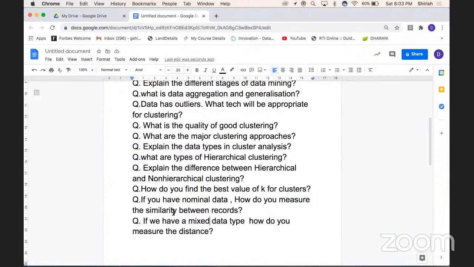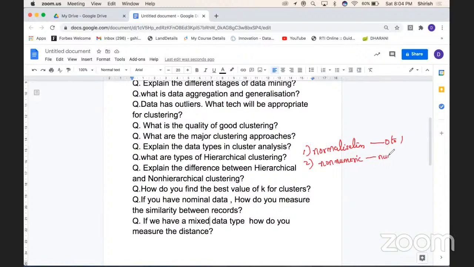Because when you do normalization first, everything would be in the range of 0 to 1. Then you convert the non-numeric to numeric using the one hot encoding technique.